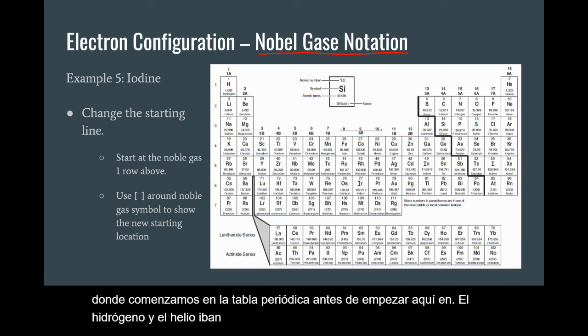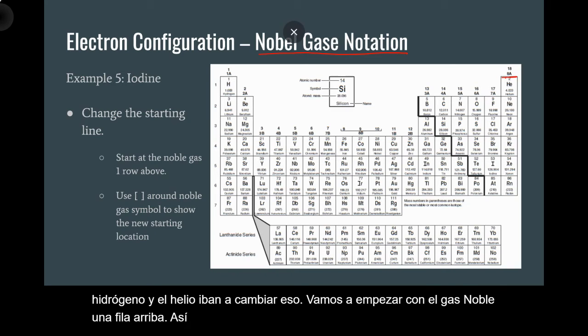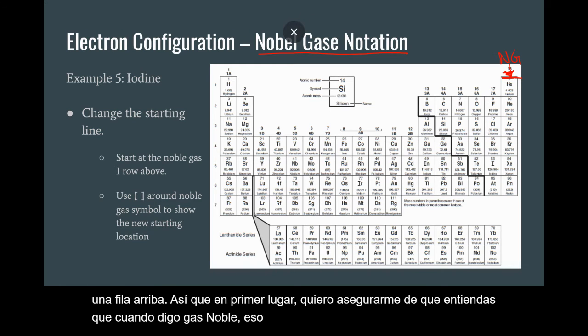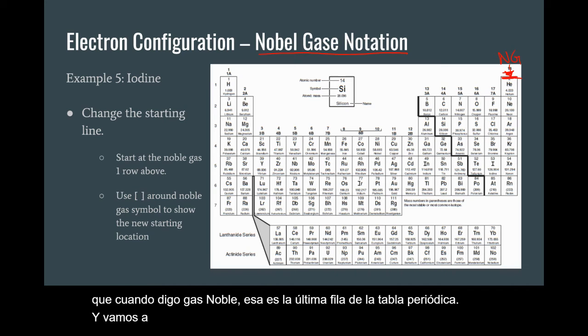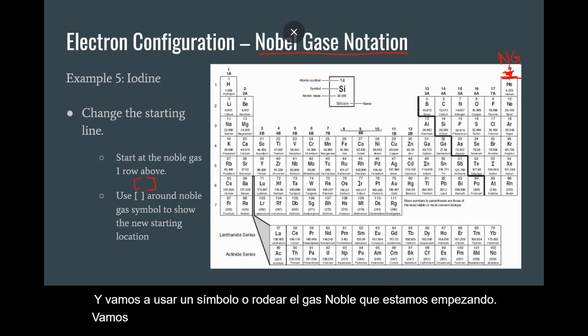We're going to start on the noble gas one row above. So first off, I want to make sure that you understand that when I say noble gas, that's this last row on the periodic table. And we're going to use a symbol around the noble gas that we're starting. We're going to use these brackets around the symbol.